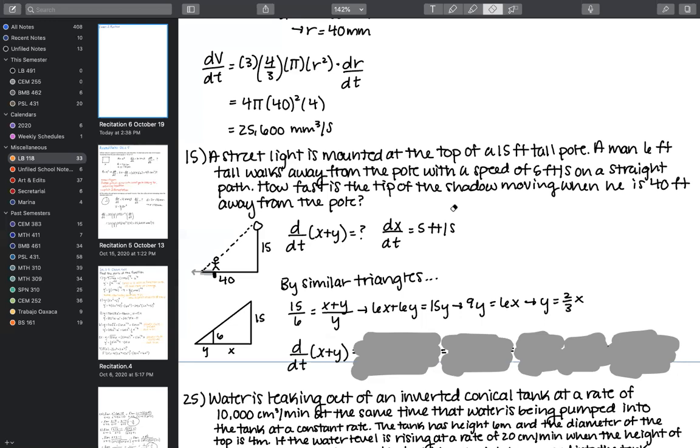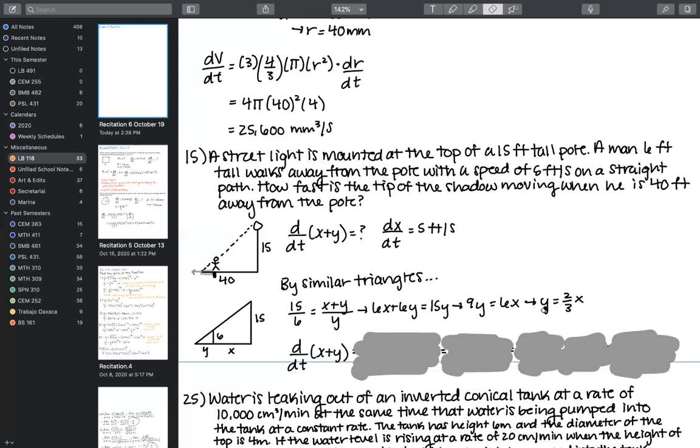But then they asked us to find the rate at which those two values combined was changing, how fast the tip was moving away, when they gave us the distance of the person from the post and then the distance from the person to the tip of their shadow. So they broke it down into two and asked us to find the rate of change of them combined. And so then we have to, in turn, do some work to get our equation into terms of X, because the only information we're given is this dx/dt.